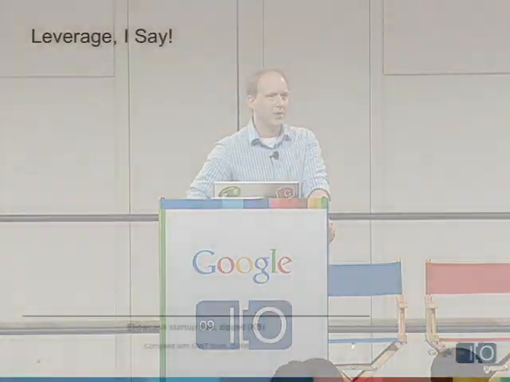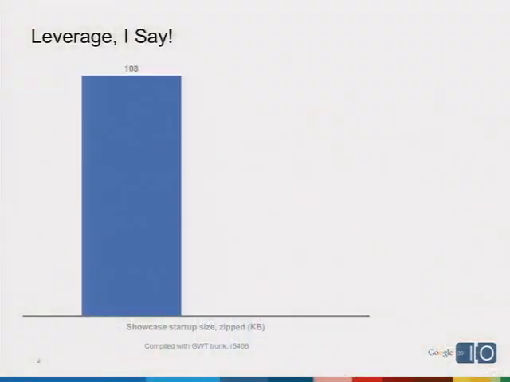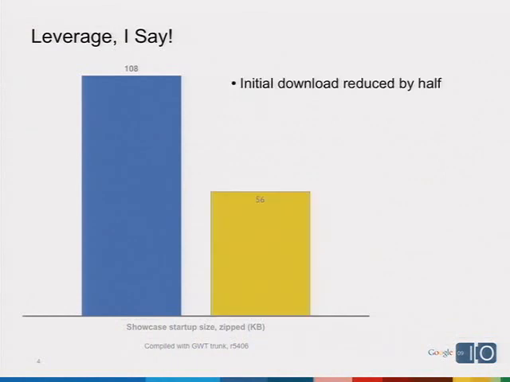And it's just really phenomenal to see the kind of leverage that you can get. So, starting to become redundant now, but just to show you quantitatively, 1 hour prior, Showcase was 100K. Then an hour later, it was 50K to download.